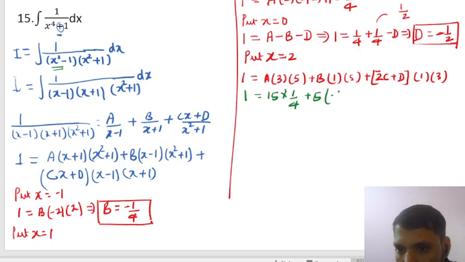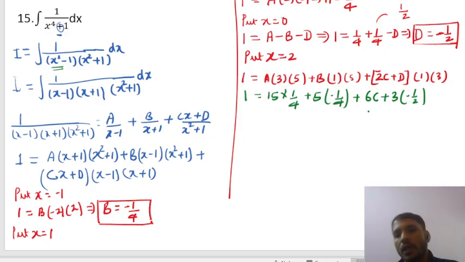So B is minus 1 by 4. So here I am writing the values, plus here it is 3C, that means 3 into 2, so it is 6C. So here I am writing 6 times this C, and 3D, that is 3 into D. So D is what? D's value is minus 1 by 2. So here I will write minus 1 by 2.